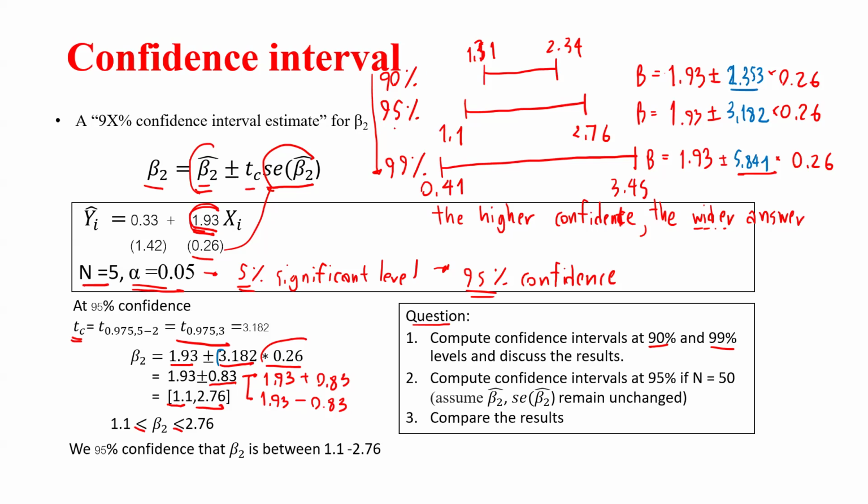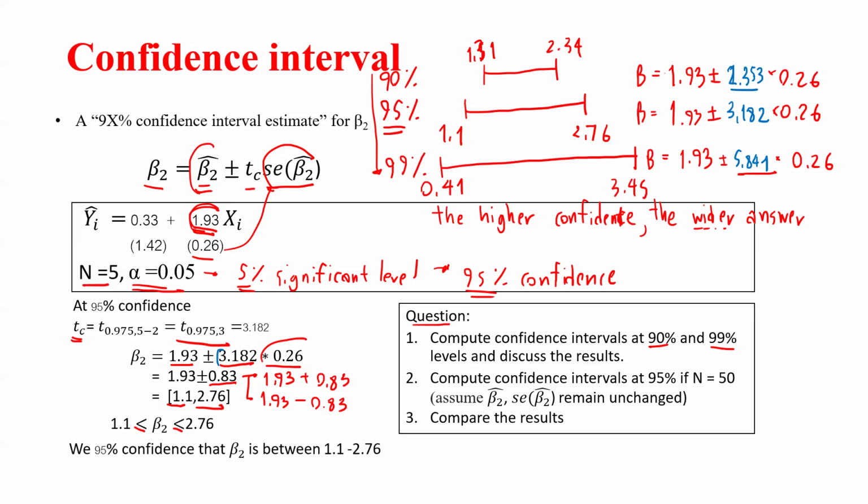But for 95%, a wider answer. 99%, an even wider answer. Why? Because if we have more confidence, it means we fear mistakes. We fear error.